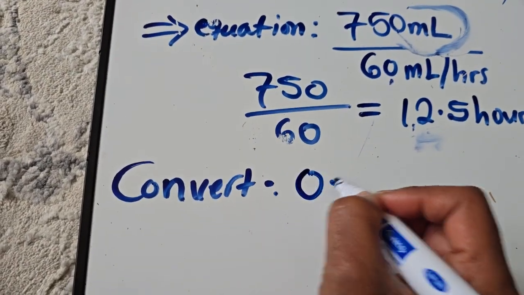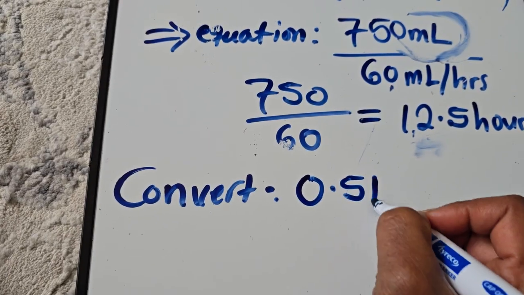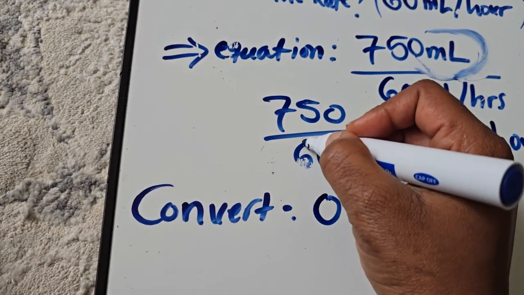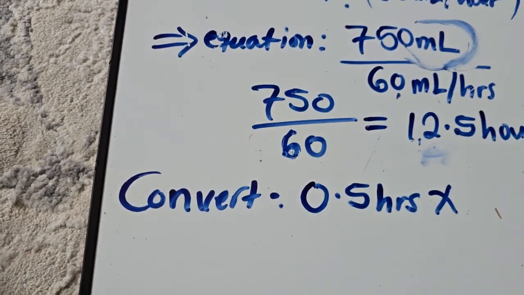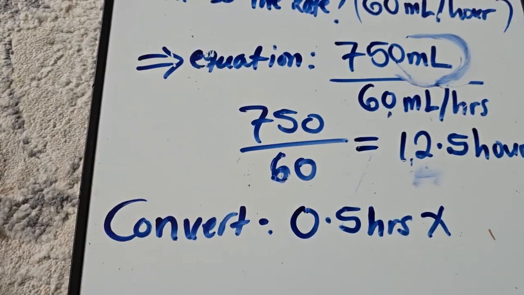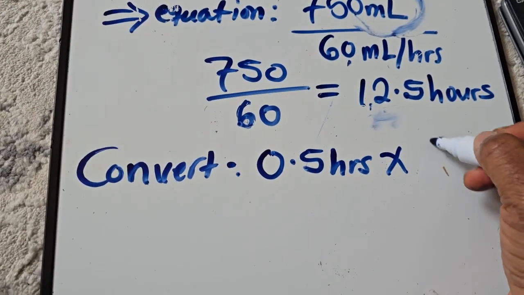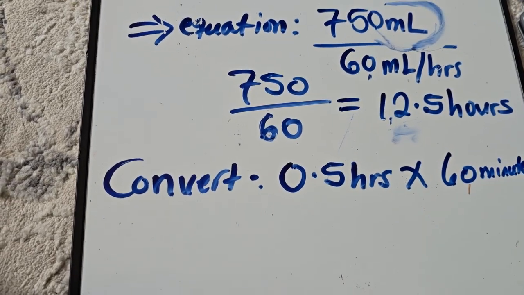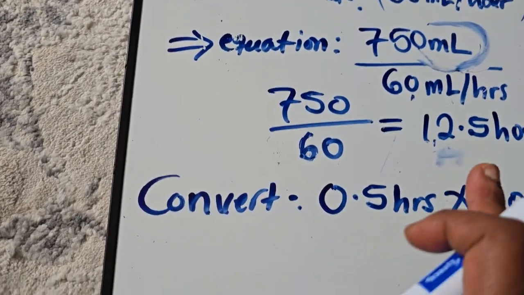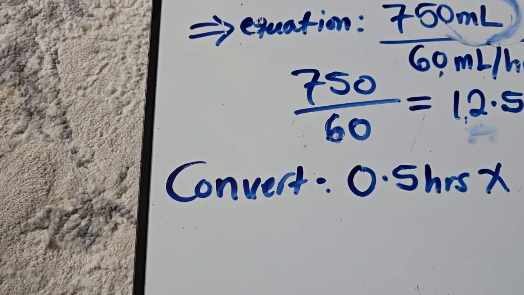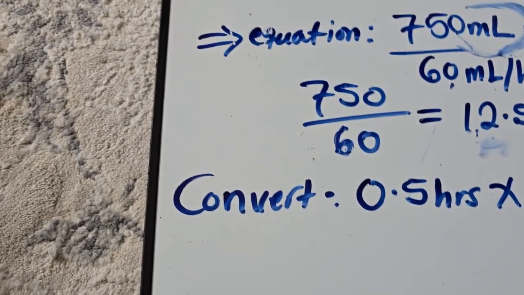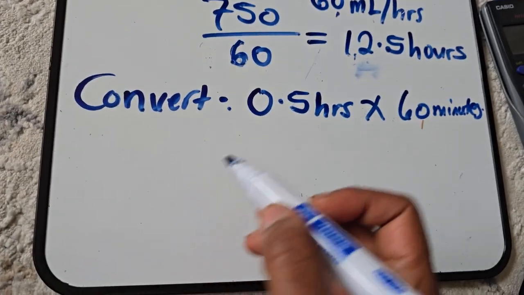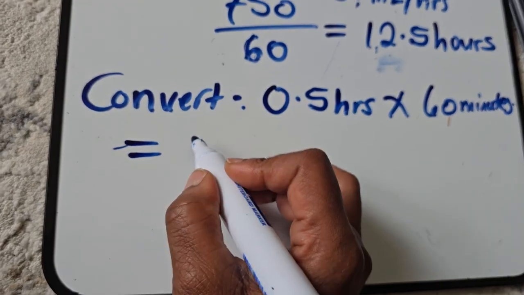So we're going to do 0.5 hours, multiply by 60 minutes. Yeah, because we are trying to get it in actual clinical time, so this is why we are multiplying it by 60.